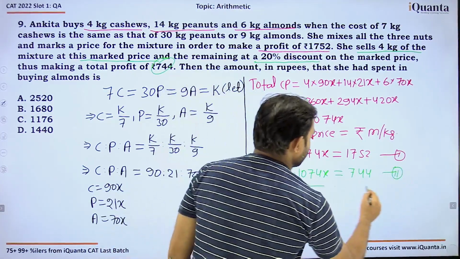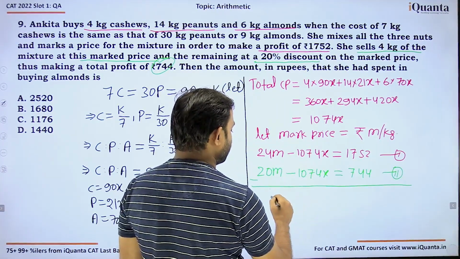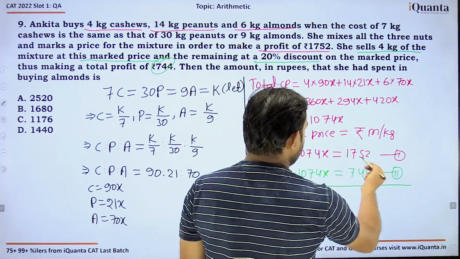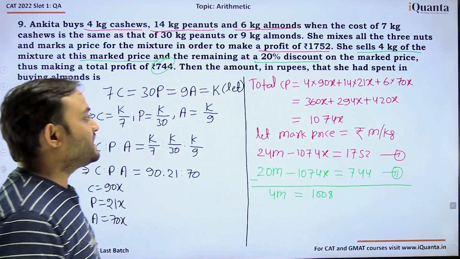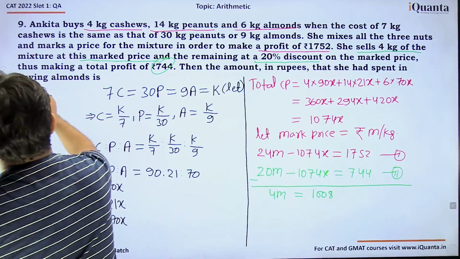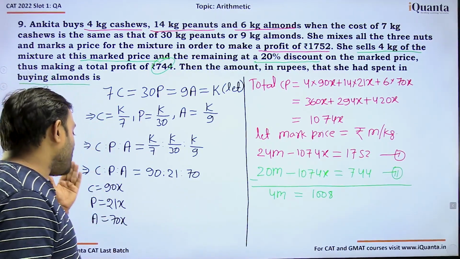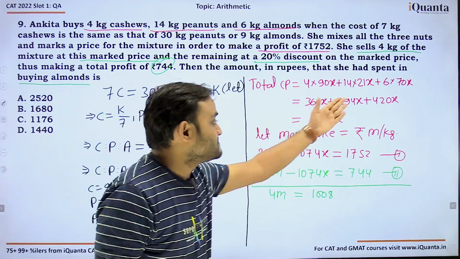What we can do here is simply subtract to cancel out the x part. We get 4m is equal to 1008. Now what we need to find is the amount spent on buying almonds. So buying almonds means we need to find the cost price of almonds, 70x, and then multiply it by 6.